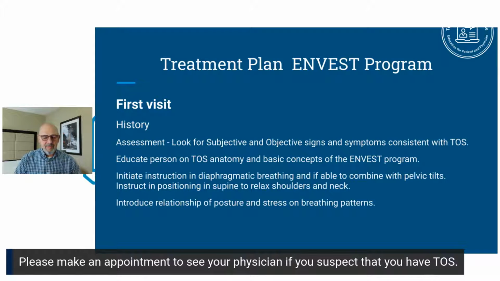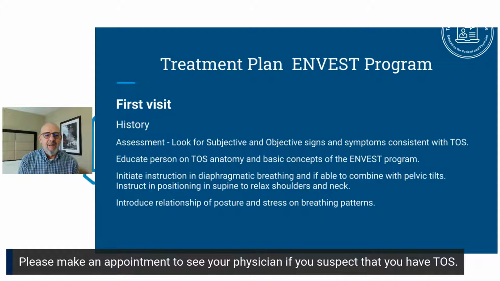Not everybody has all of them, but there's enough signs and symptoms that it fits the TOS syndrome pattern. We start to educate the person on the TOS anatomy and the basic concepts of the INVEST program. I'm already doing that with people today. We look at pictures of the anatomy, the scalenes, the pectoralis minor muscle, and the way the brachial plexus moves through that space.